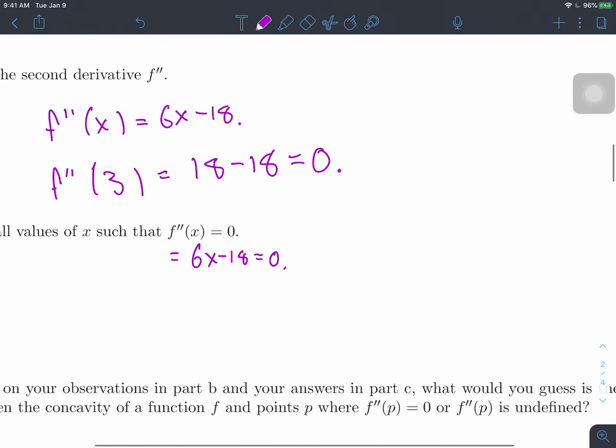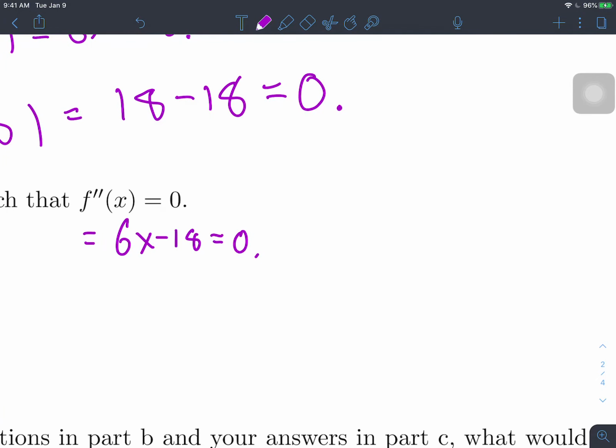The only thing that we can plug into the equation 6x minus 18 and get 0 is the number 3. In other words, lines only have one horizontal intercept, right? Well, they come up, they cross the x-axis, and then for the rest of their life, they move on.